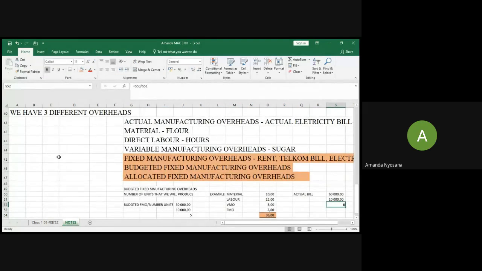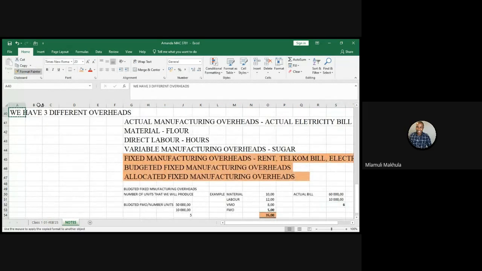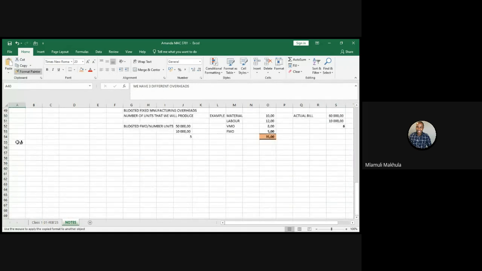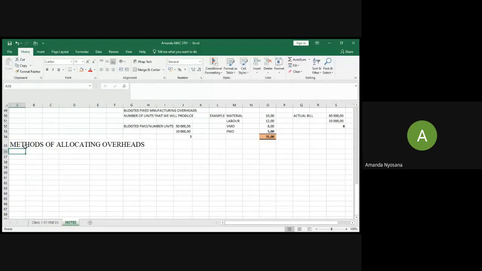Okay. So now let's talk about the methods of allocating overheads.